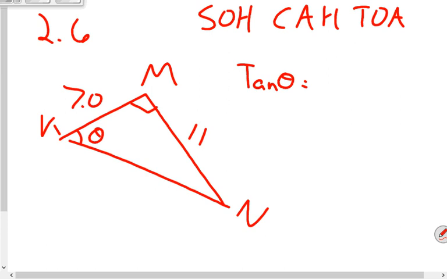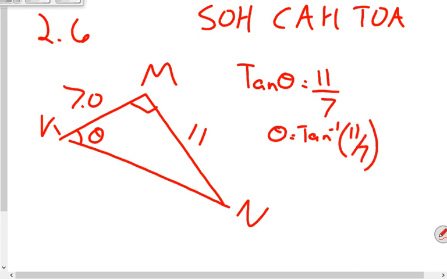opposite, 11, over 7. So now whenever you're finding an angle, what button on our calculator do we use? Second tan, right? Good.